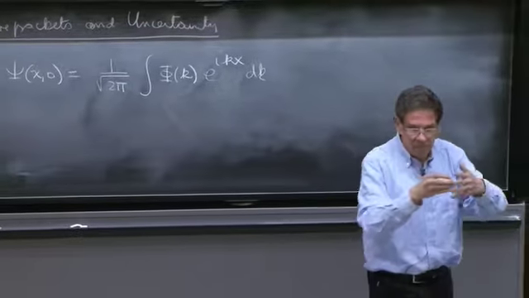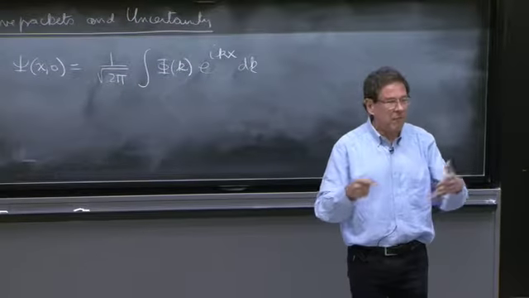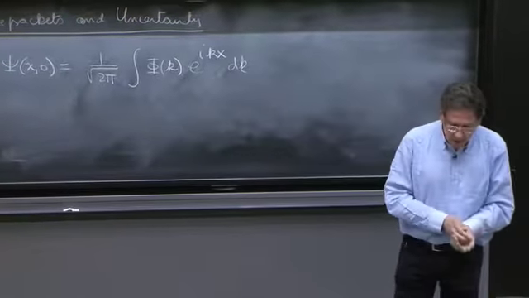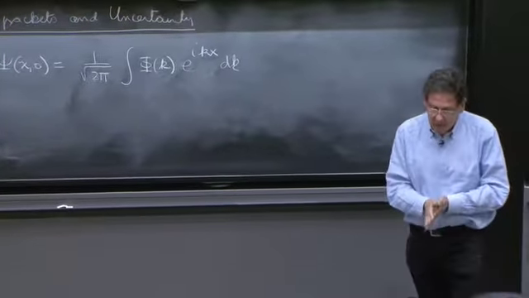wave at time equals 0, this psi of x at time equals 0, can be written as a superposition of states with momentum h bar k. You remember e to the i k x represents a particle or a wave that carries momentum h bar k.